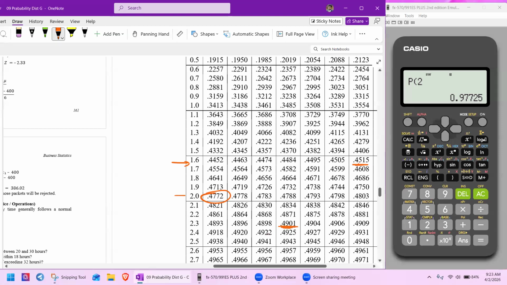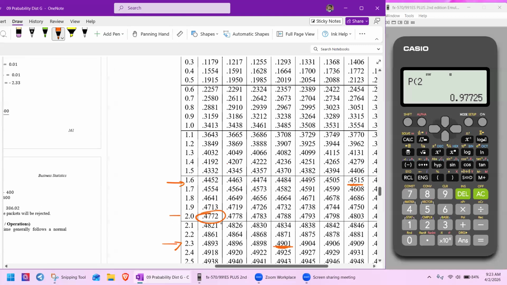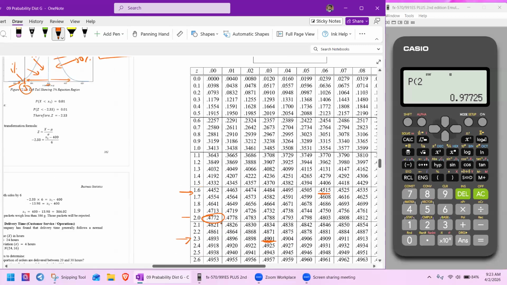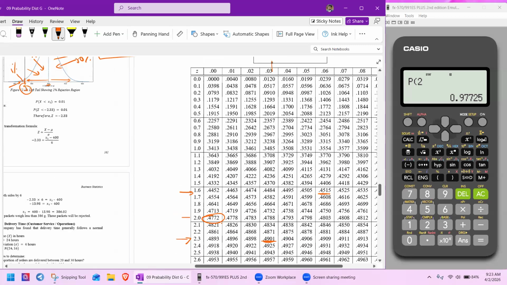So what is that Z score? 2.33, this one, right? Z is 2.33, where the area is 49%.